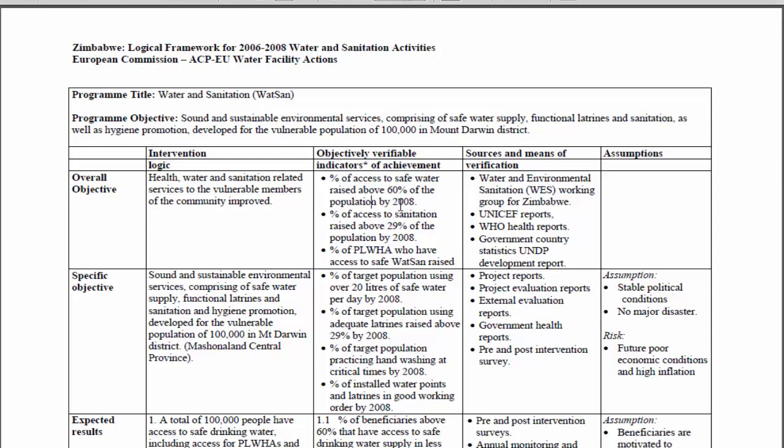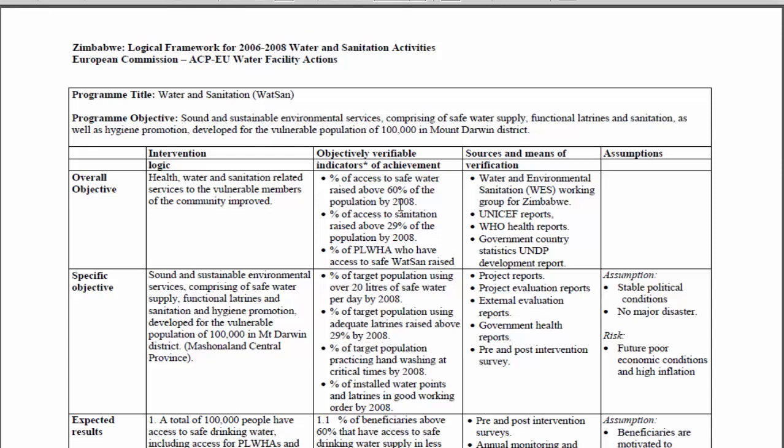So already, what is coming to your mind when you see an indicator like this? There will be need for surveys, not so? When you see an indicator like this, it's telling you that in the communities, you need to ask individuals whether they have access to clean and safe water.